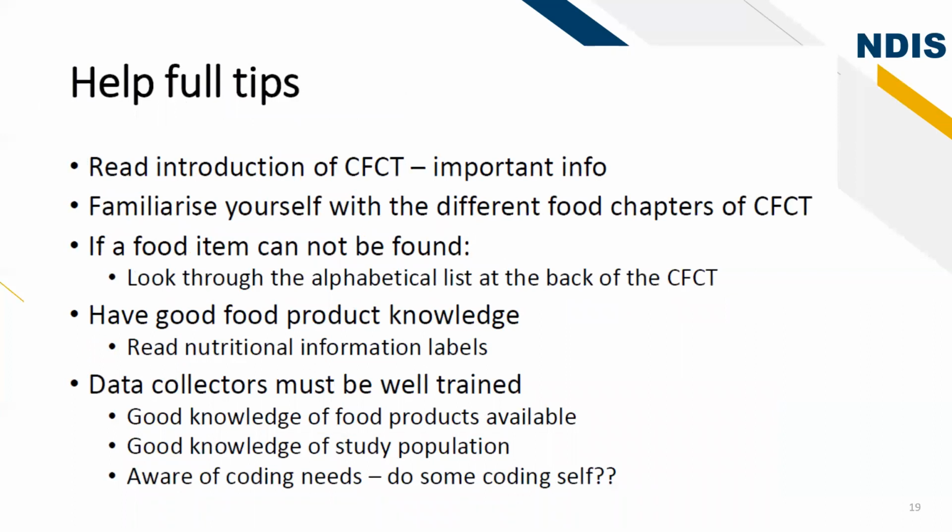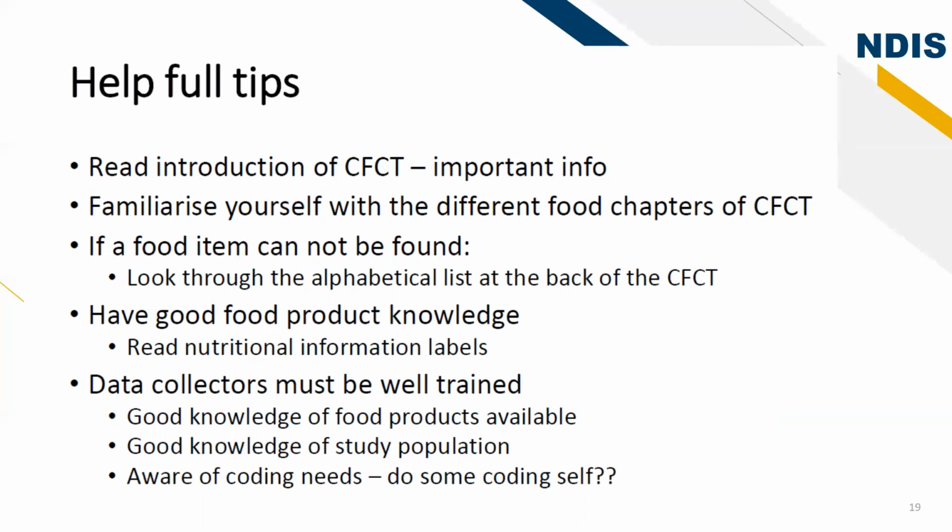Okay, so some help tips. Read the introduction of the food composition tables. There's important information, as I've indicated in the beginning, and a lot of information that assists you in reading the tables. The same with the food quantities manual. There they also indicate how you can quantify, and how to use a dietary kit and those tools to make it easier to quantify the food.